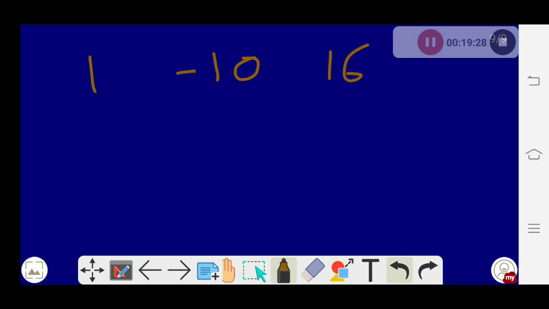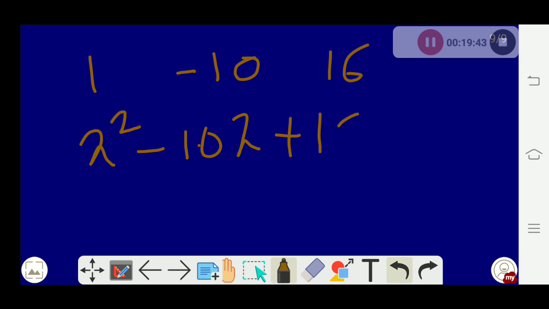So what is the highest power we should give? Obviously 2. So here the power should be lambda square. Here it is minus 10 lambda to the power 1, that is lambda, and here it is lambda to the power 0, which is 1. This should be 0. Now we need to solve this equation, which is very easy.